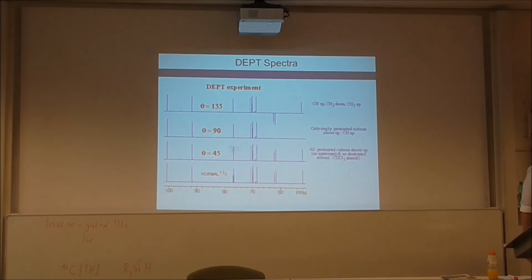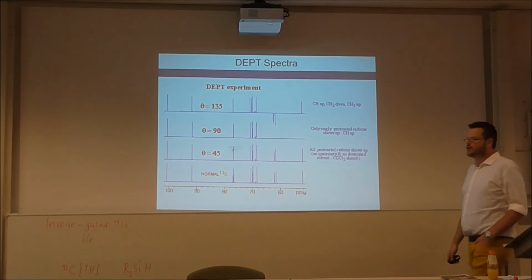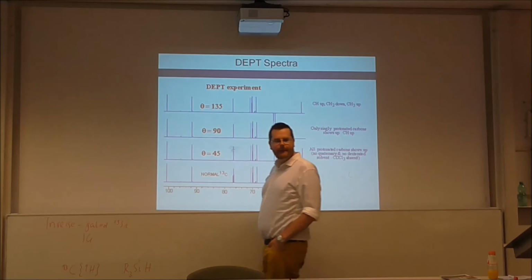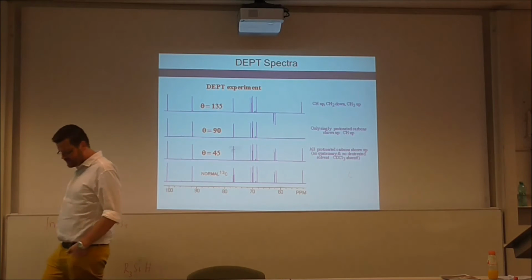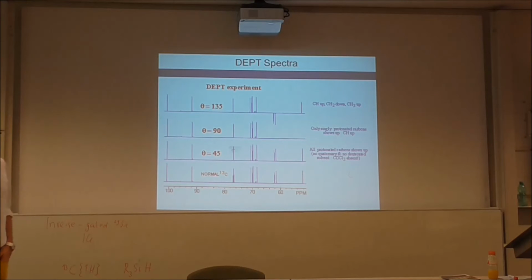At the bottom we have a normal 13C spectrum, right? Of course, actually, what is wrong with the way that I've written it? The bottom spectrum, I've made a mistake. You said normal, but it's like decoupled?